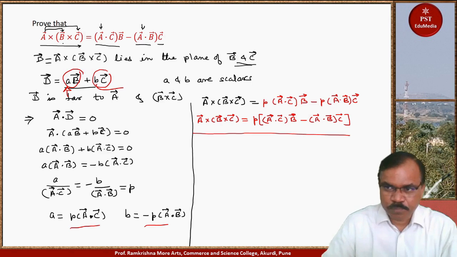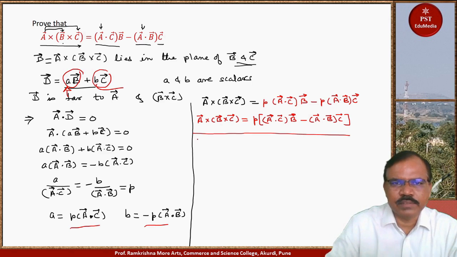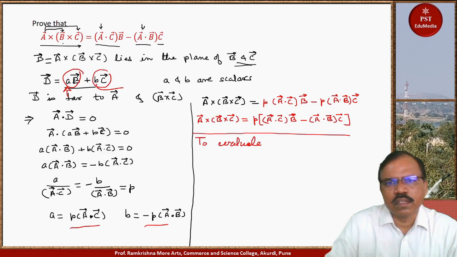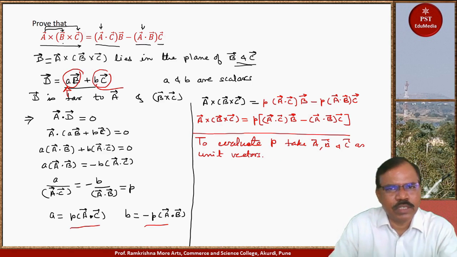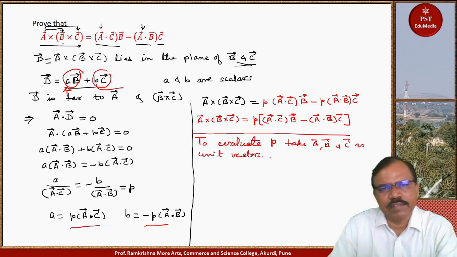So to evaluate P, take a, b and c as unit vectors, and the known unit vectors are i, j, k. So a can be any one unit vector out of the 3, b can be another, and c can be any one out of the 3.